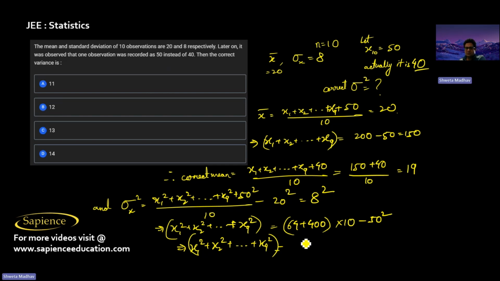So that will be equal to 4640 minus 2500, so that is 2140.